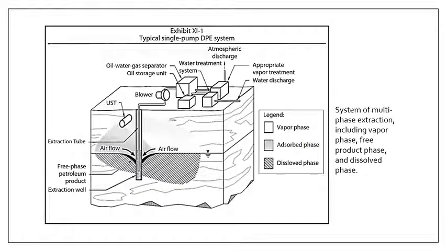So that's your contaminants in the groundwater. And you also have your adsorbed phase in the vadose zone, or the materials that are shaded lightly in gray. And you also have a lightly shaded color, which is the vapor phase. Okay.